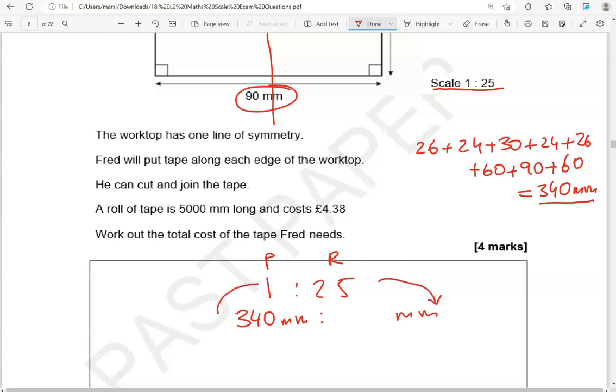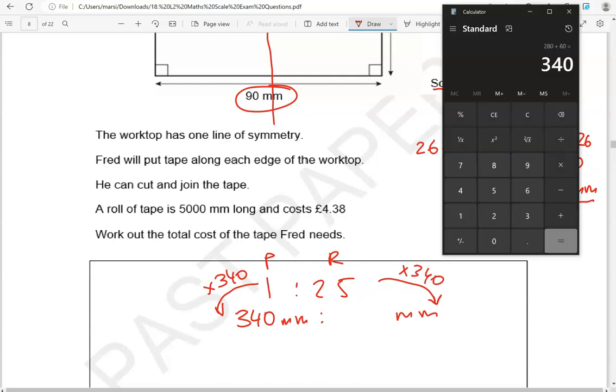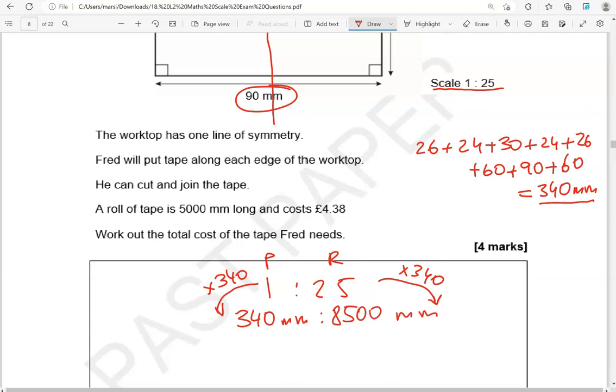How do we get from 1 to 340? By multiplying by 340. So we'll do the same here. So 25 times 340, which is 8,500 millimeters, and a roll of tape is 5,000 millimeters long and costs £4.38.